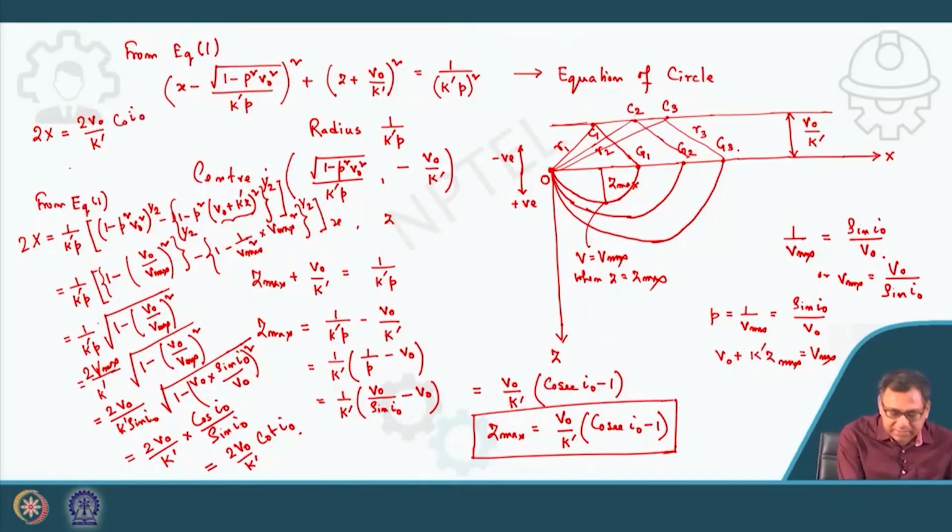And finally I will get K dash is equal to, or if you write this as capital X or X total, 2x is X total, then it will be 2V0 by X total into cot I0.